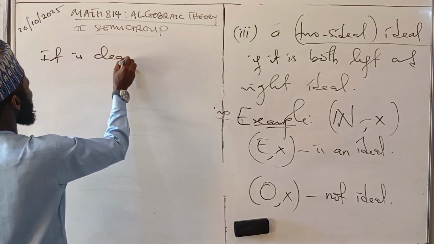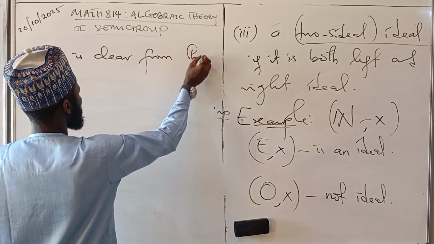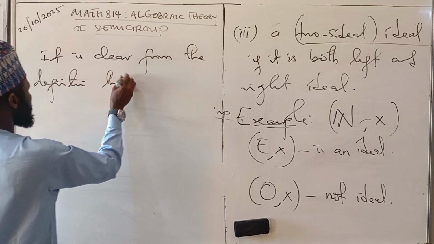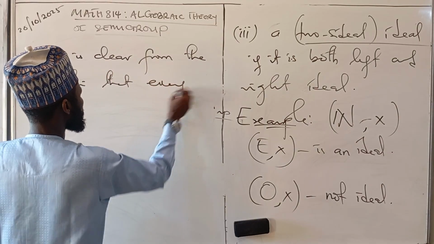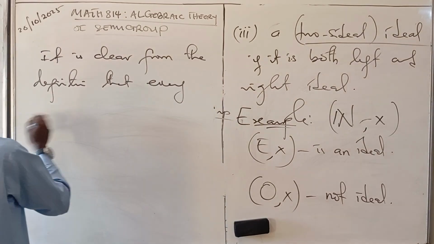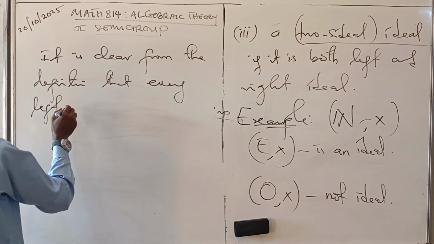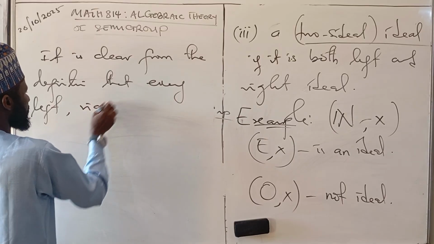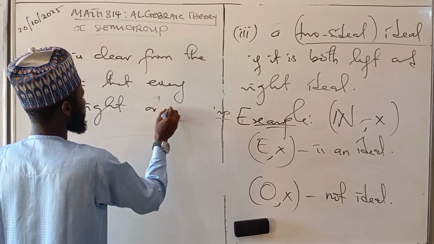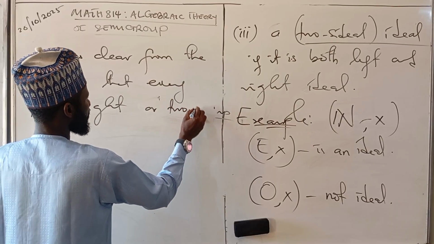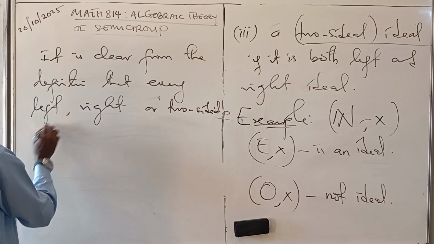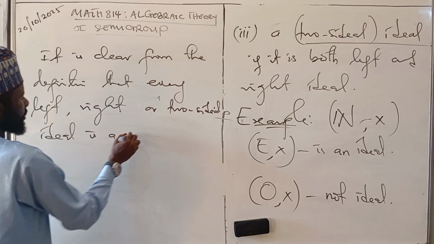In fact, it is clear from the definition, and very easy to see, that every left, right, or two-sided ideal is a subsemigroup.